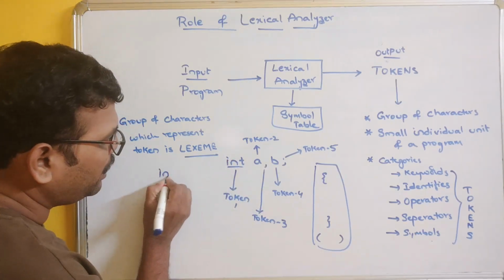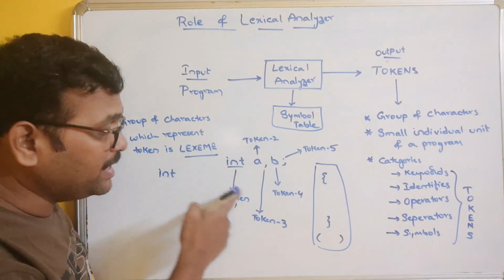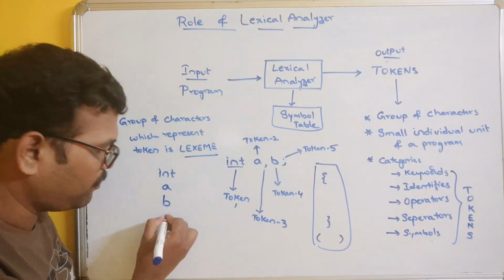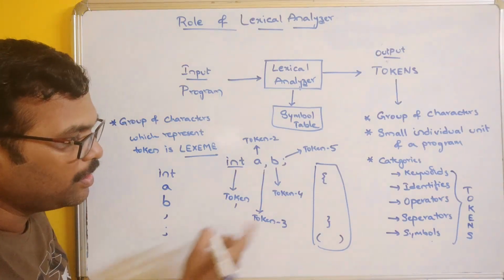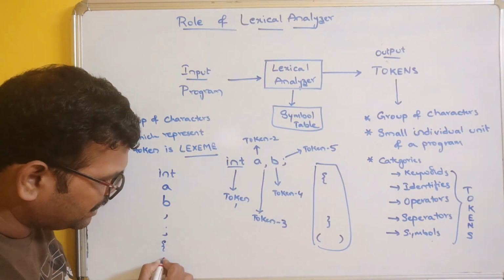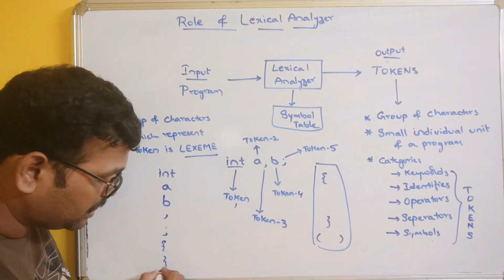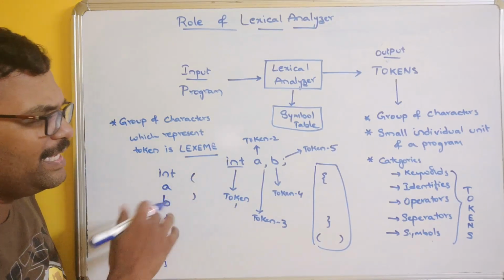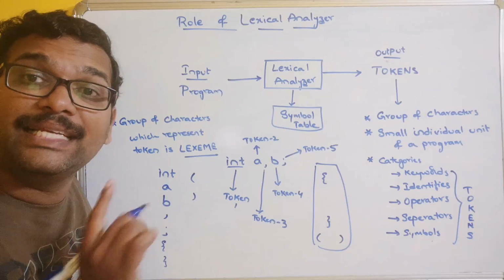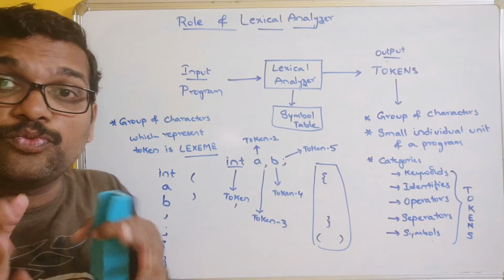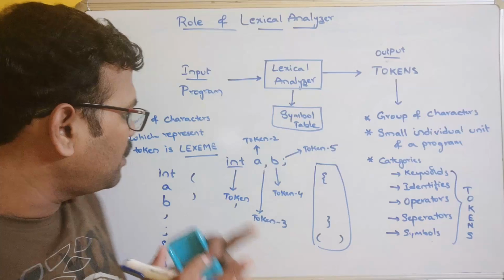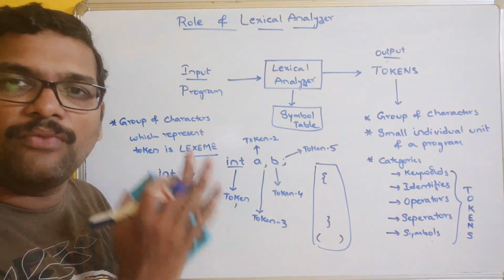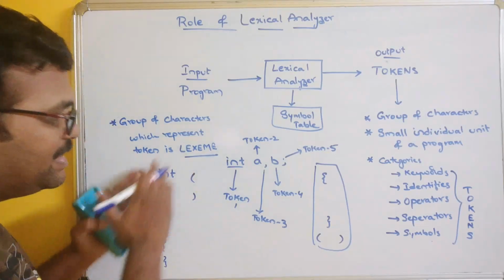So int will be one lexeme, and similarly a is one lexeme, b is another lexeme, comma, semicolon, open parenthesis, close parenthesis, open curly brace, close curly brace. All these come under lexemes, right? A group of characters which matches the pattern of a token is called a lexeme.